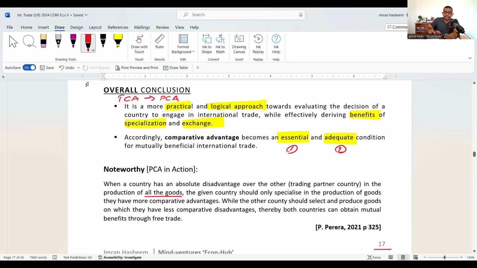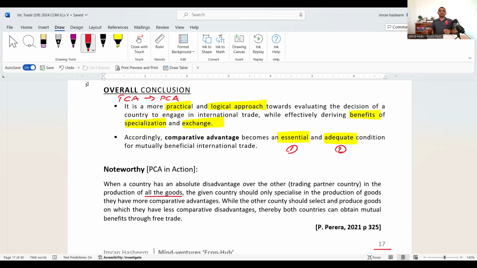Because for those 6 you have a higher comparative advantage, meaning low opportunity cost. But for the other 4, the trading partner country has a lower opportunity cost, meaning you have a lesser comparative advantage. So don't produce those 4. Allow your trading partner country, which has a comparative advantage on those goods even though it has an absolute disadvantage, to produce those 4 goods.